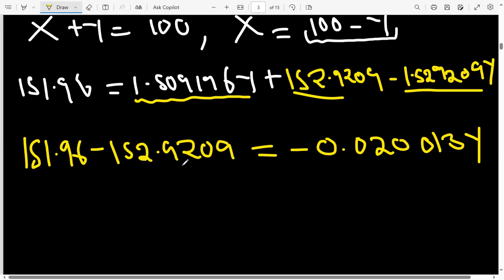Okay, let me redo this. 151.96 and then minus 152.9209. So I'm finding minus 0.9609 is equal to what we have here, Y.